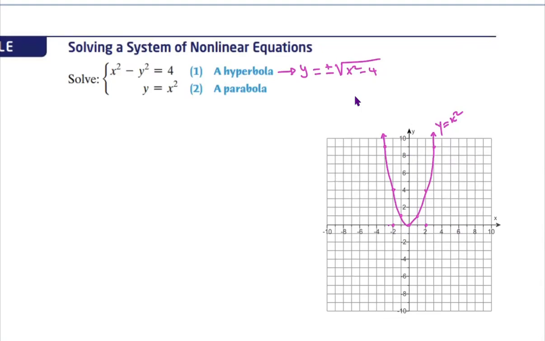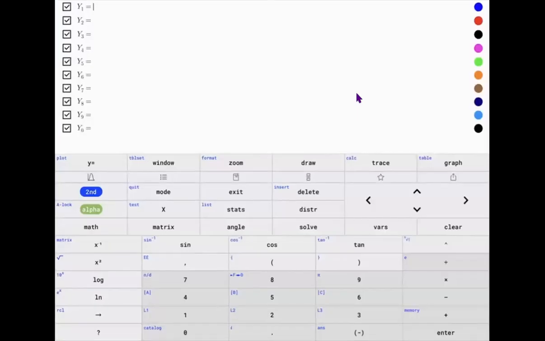All right, so now let's go back. You're not going to find a plus or minus, but what you can do is type the plus first and then the minus. So let me start with the square root of x squared minus 4.